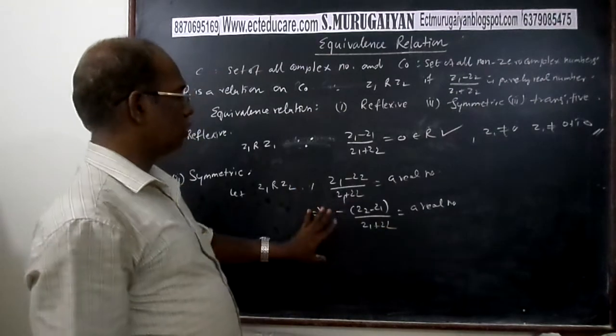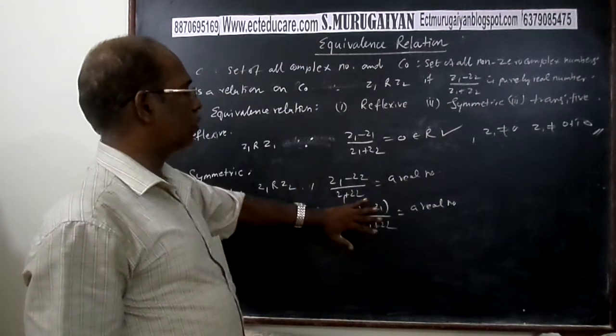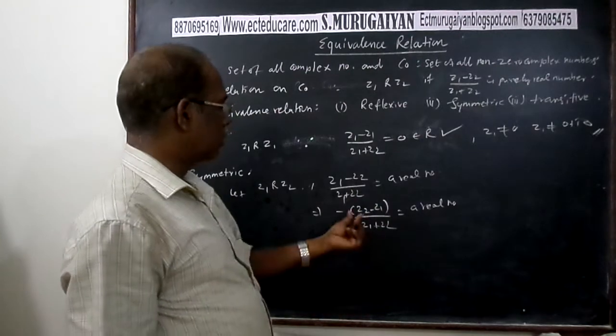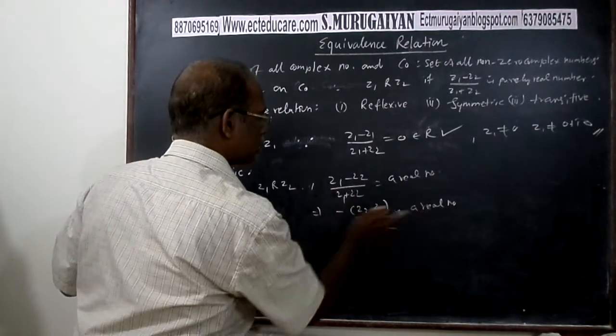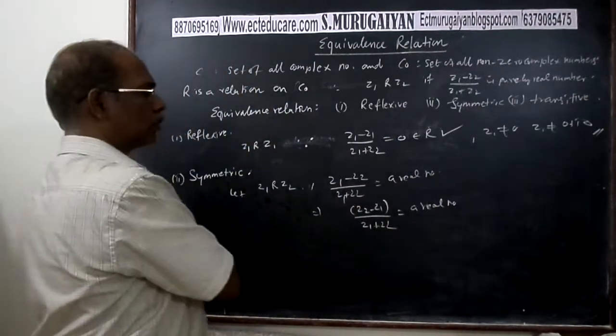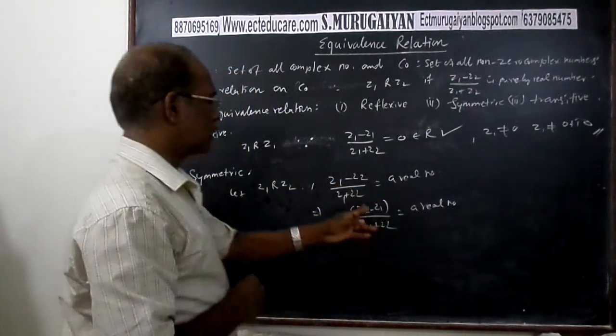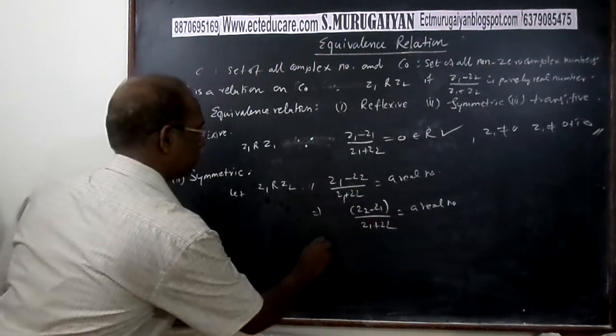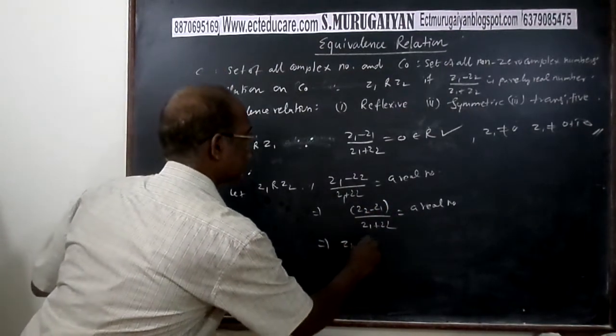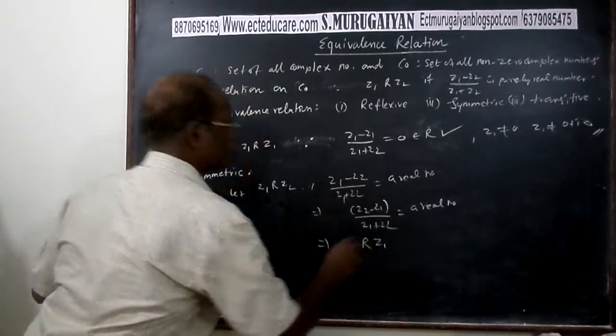They differ by sign alone, so both are real numbers. Because (Z2 minus Z1) by (Z1 plus Z2) is a real number, we can conclude Z2 is related to Z1.